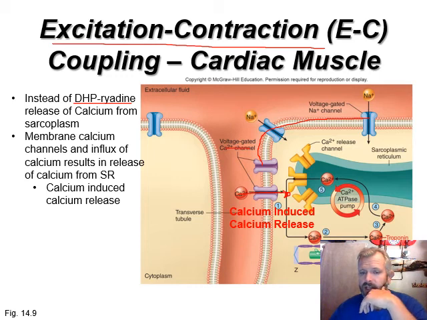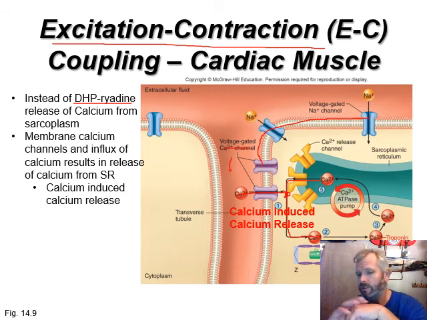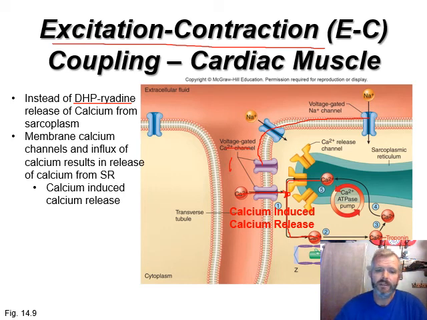This extracellular calcium moving in is going to cue the release of the calcium from the sarcoplasmic reticulum to allow us to bind to troponin to move the tropomyosin to get contraction. This is called calcium-induced calcium release because the extracellular calcium coming in is inducing the opening of these calcium release channels from the sarcoplasmic reticulum.